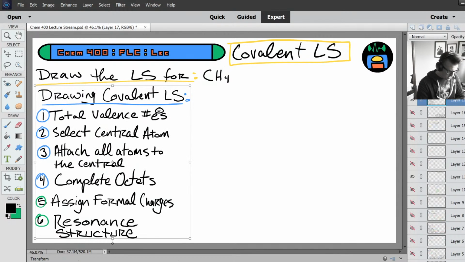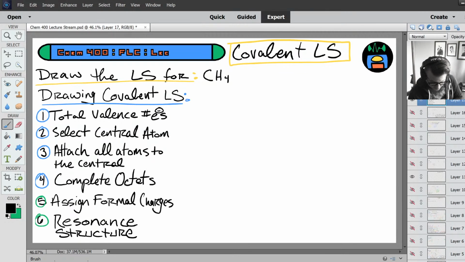Step number one is we need to total our valence electrons.